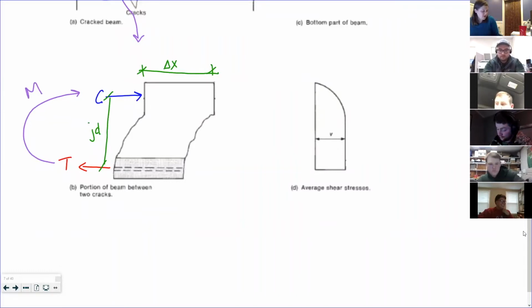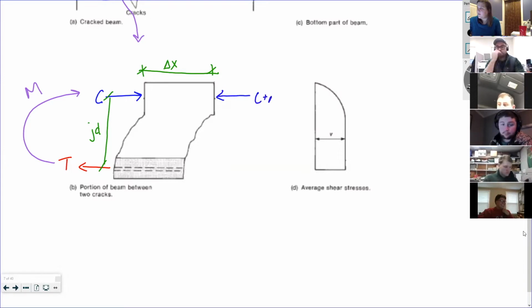On the other side, I have a compressive force plus a change in my compression force, so that my moment is increasing.